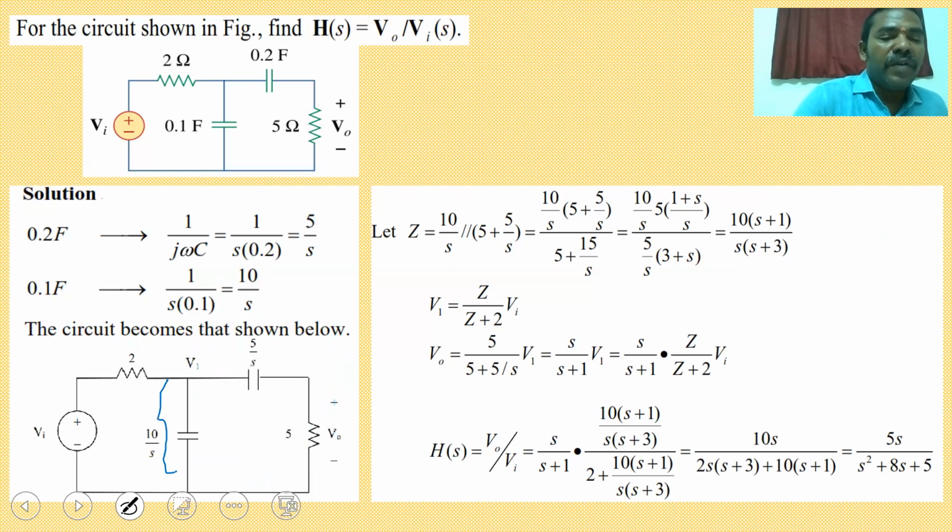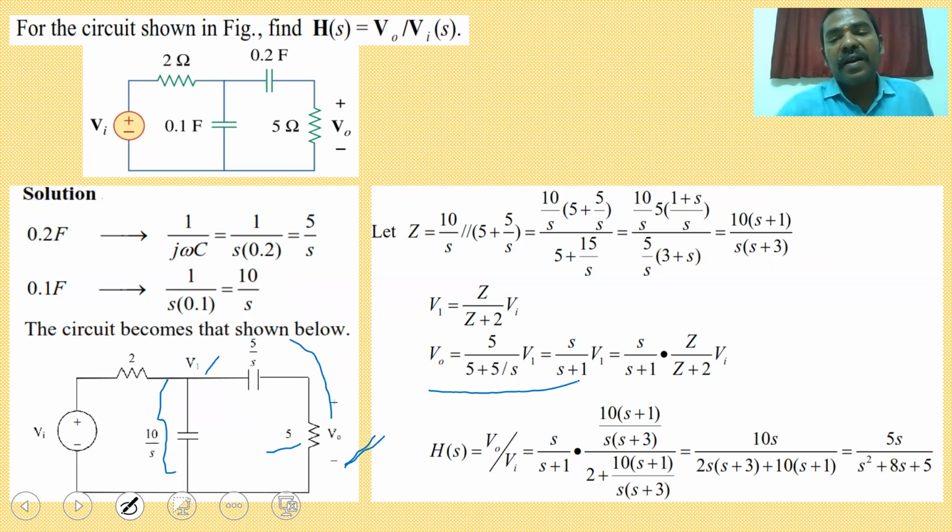So now V0 is equal to V1 into the same resistance divided by the sum of the resistances connected in series. So 5 divided by 5 plus 5 by S into V1. So finally you are getting S by S plus 1 into Z by Z plus 2 into V1.